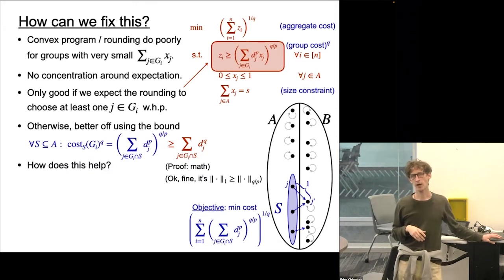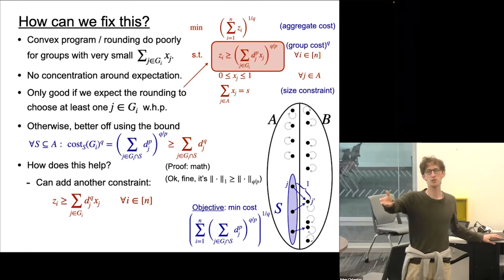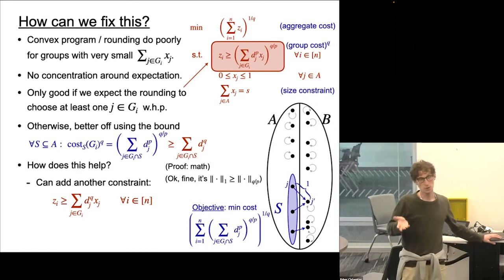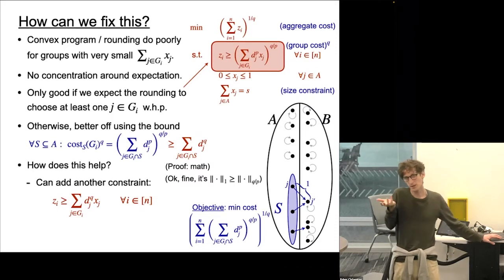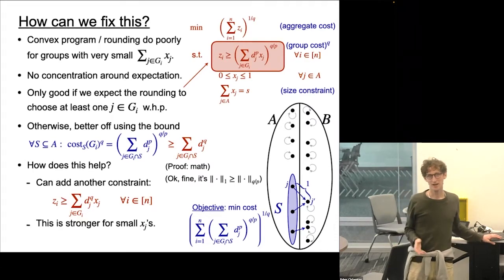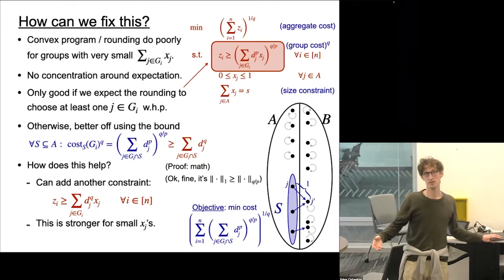So how does this help us? We can just add this constraint, this additional bound saying it's lower bounded by the relaxation of the one norm instead of the Q over P norm, which seems kind of meaningless, but actually in this context, it helps.